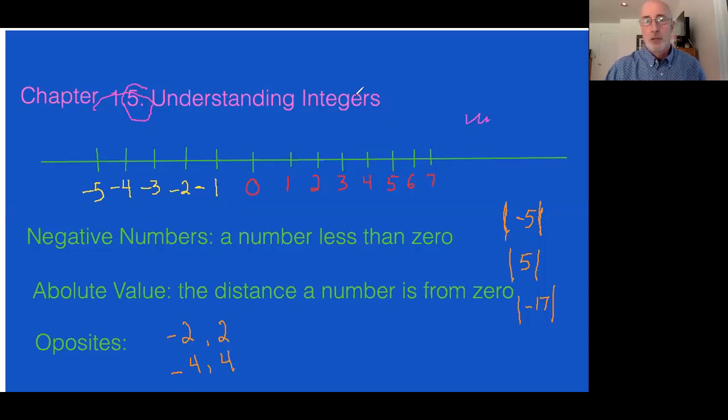A concept to grasp here is that we start calling these things integers. When we talk about things on a number line, we're talking about integers, okay?